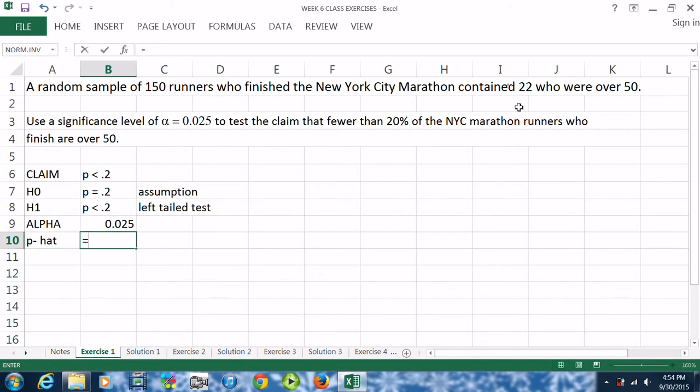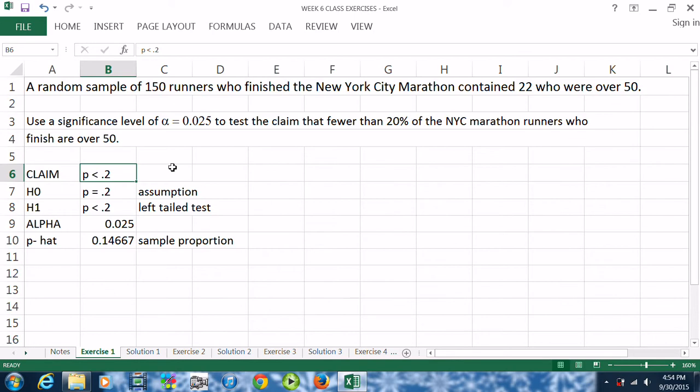X is a number of successes, that is 22 in this case. Divide that by n, which is 150, our sample size. So we have a p-hat, or sample proportion, of 0.1467.